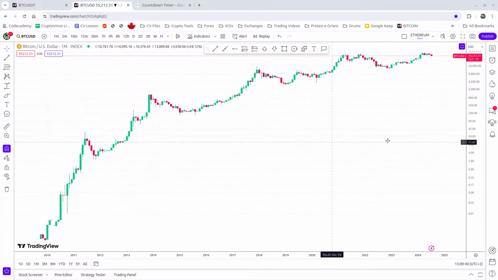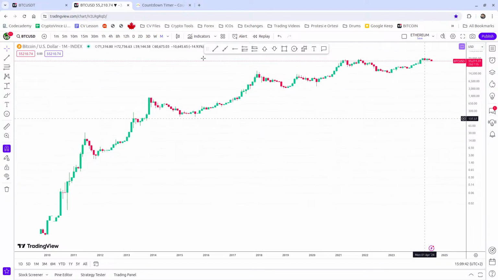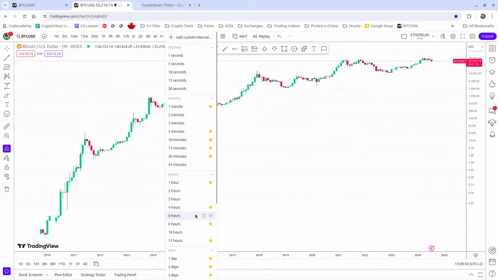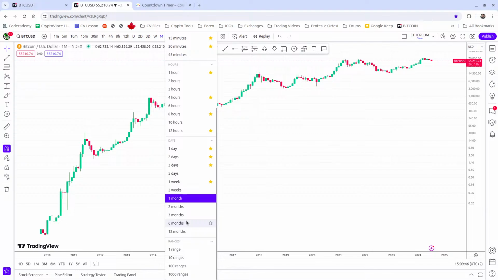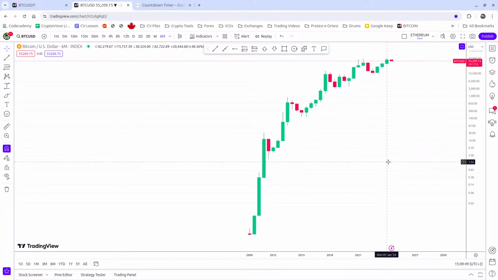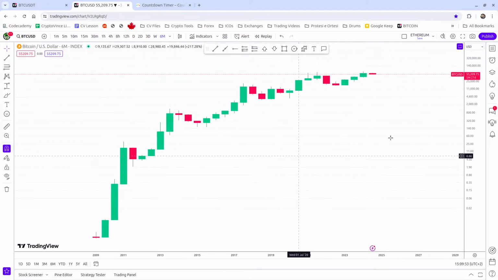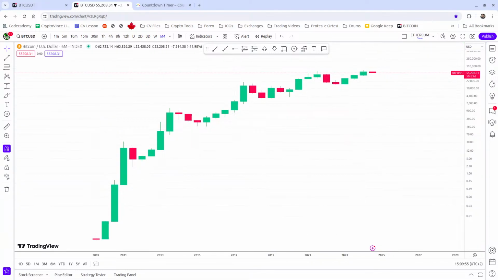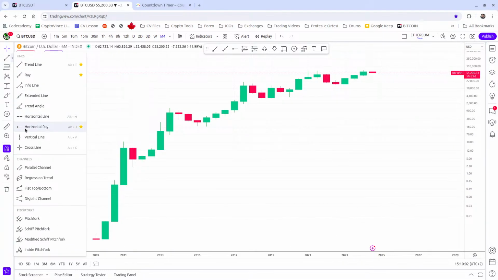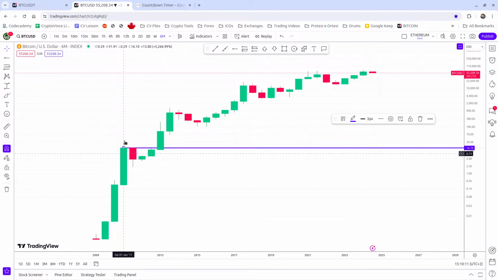So the 6-month chart. Why I find it very interesting. If I trace every single swing high from the candle close, because I believe the candle close is always more important than the wick.